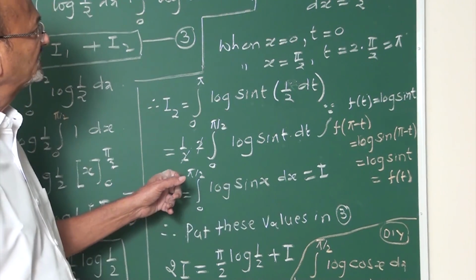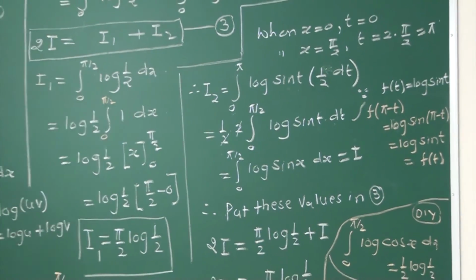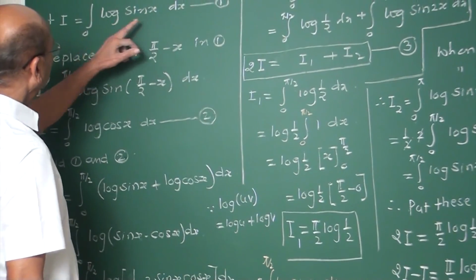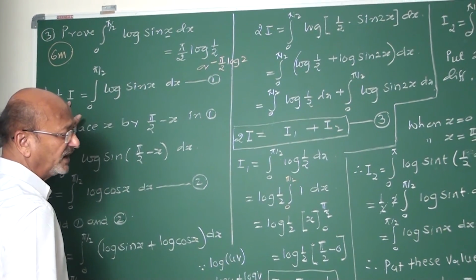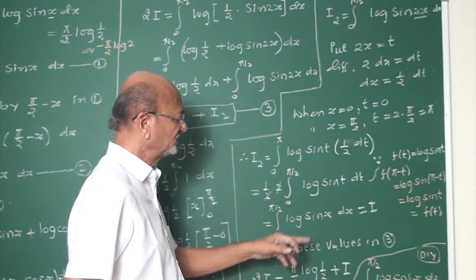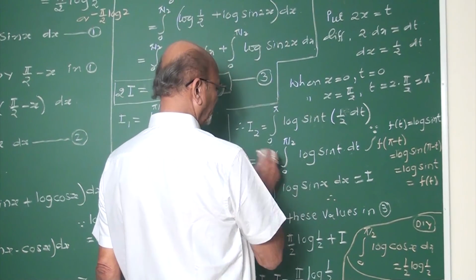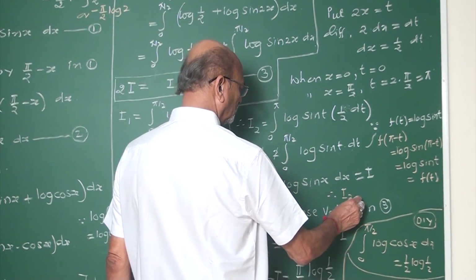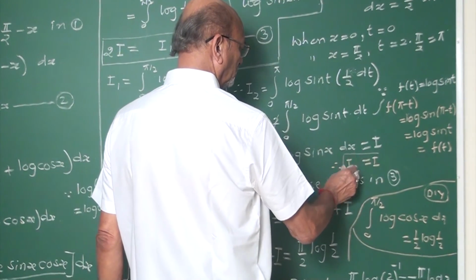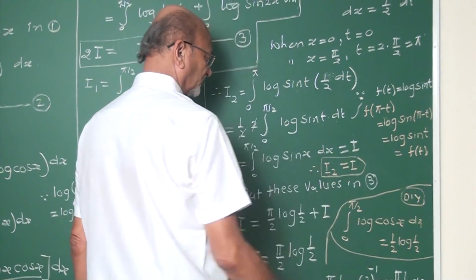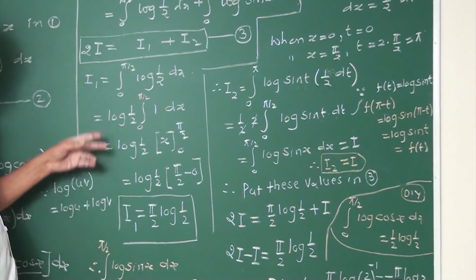This integral from 0 to pi by 2 of log sin x dx is I. Therefore, this side is I2, so I2 equals I. Substitute these values of I1 and I2.